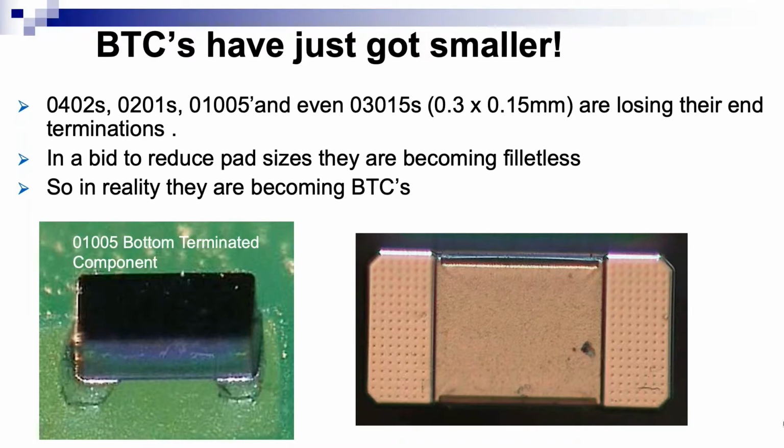The comment, again, when I checked from the manufacturers, is that this is now saving us space because, of course, we don't have to put down a pad. So we have more space on the board, so we can squeeze more and more very small things in there. Anybody who's ever mounted a bottom terminated component knows that these things without fillets are not easy to get down.